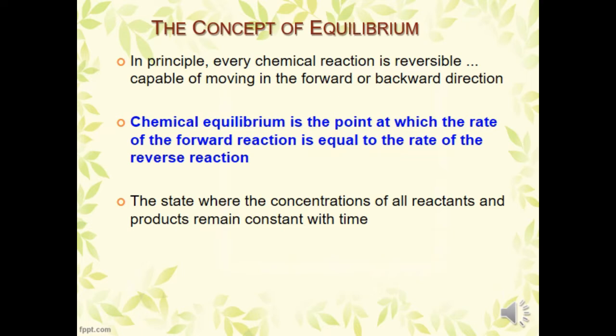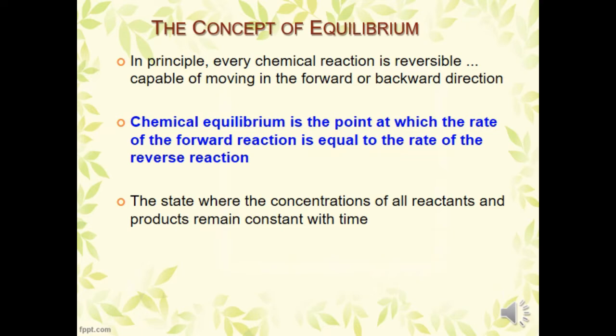It is the point at which the rate of forward reaction is equal to the rate of the reverse reaction. This is where the concentration of the reactant as well as the product will remain constant.